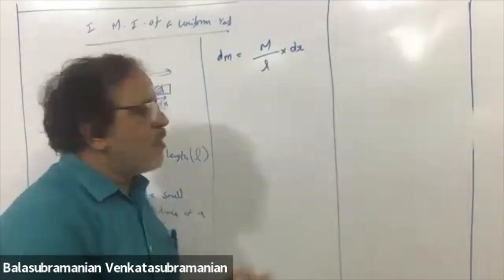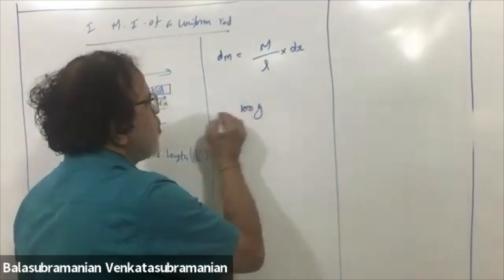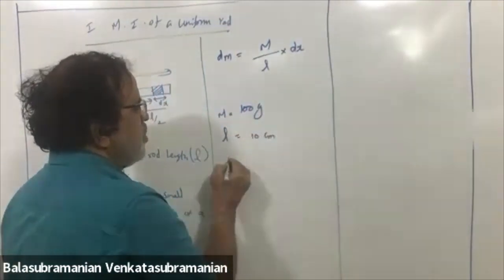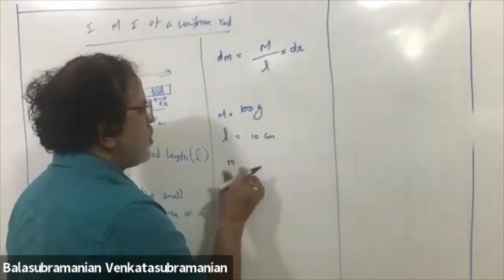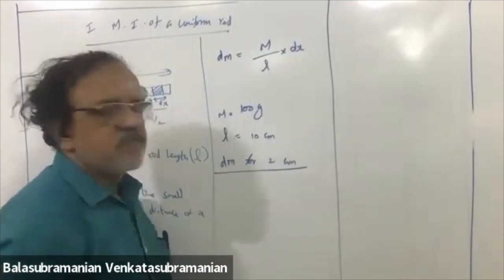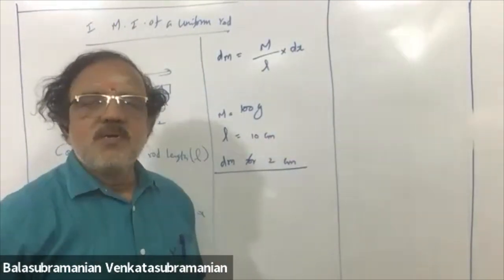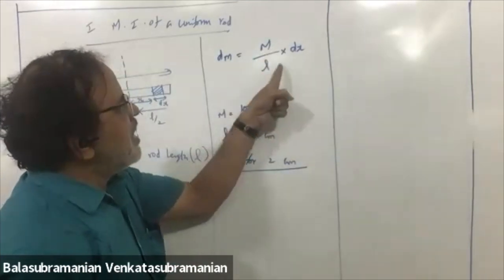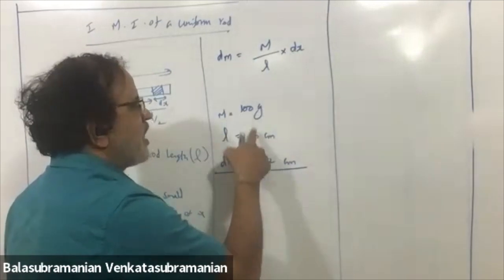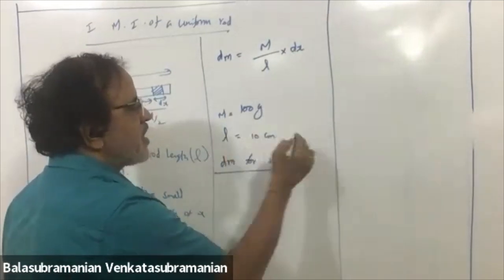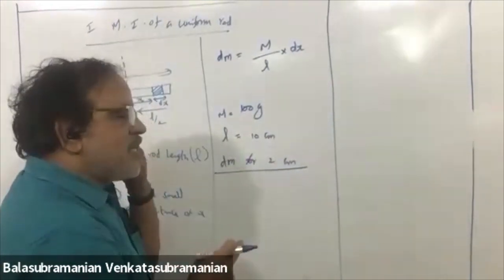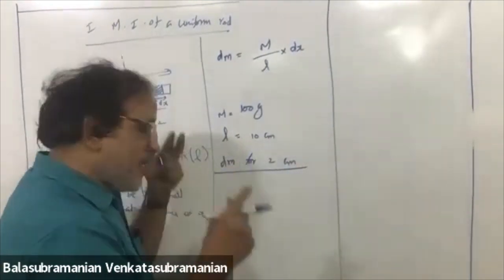Suppose the entire mass is 100 gram, total length is 10 centimeter. I want mass for 2 centimeter. What is the formula? M by L into dx. Total mass is 100 grams, total length is 10 centimeter, so 1 centimeter is 10 gram.